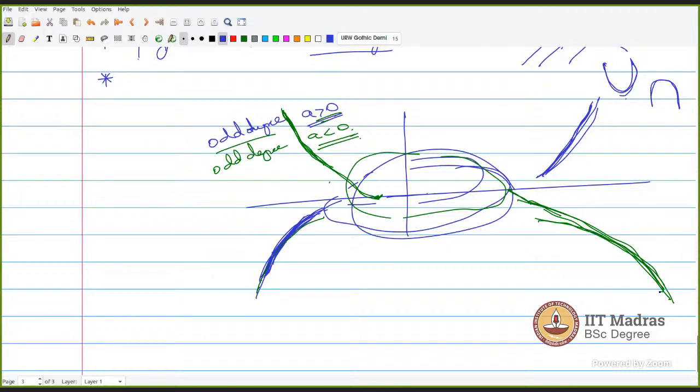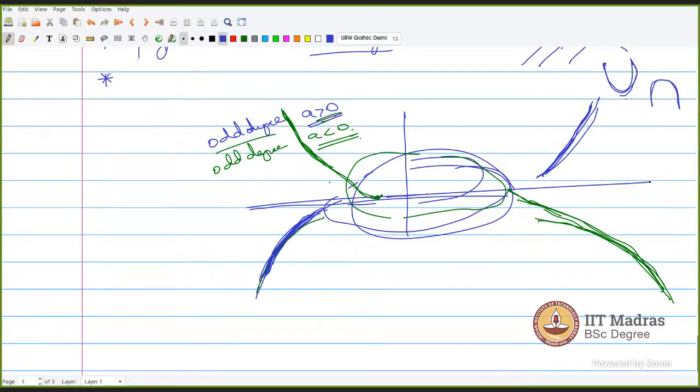Whatever polynomials we are discussing here are smooth curves, so they should not break in between. So if my polynomial is of odd degree, at least one root is fixed.